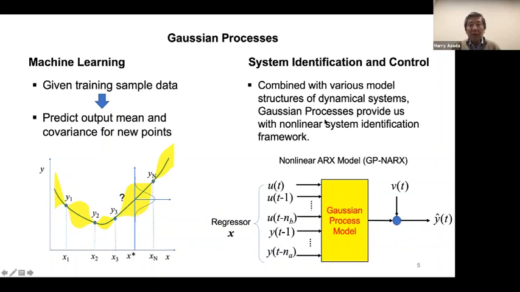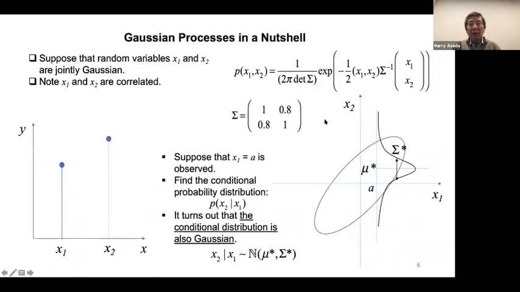So that's a quick overview. And then I'd like to show some of the essence of this theory. Now, suppose we have two random variables, x1 and x2, okay? And they are jointly Gaussian.